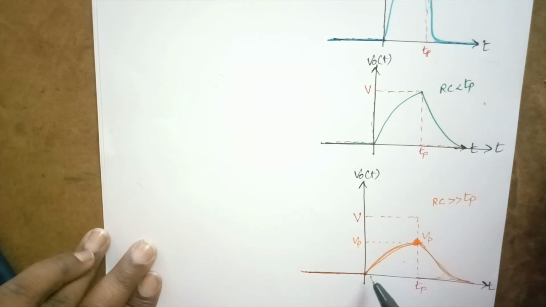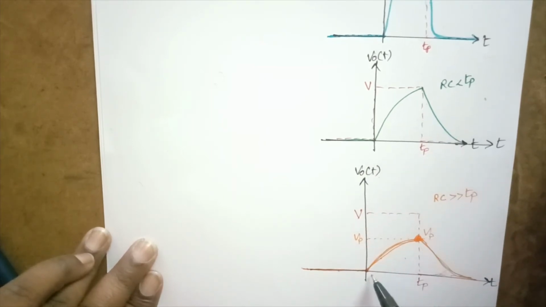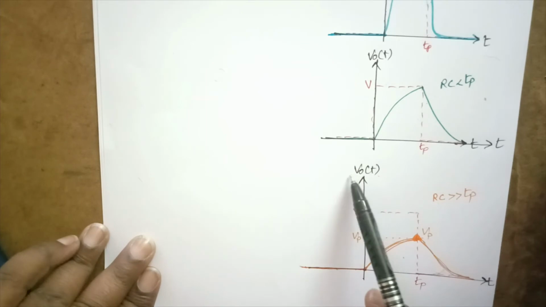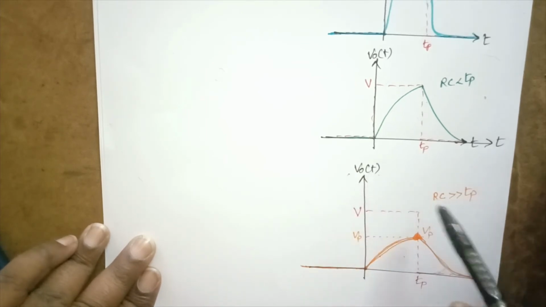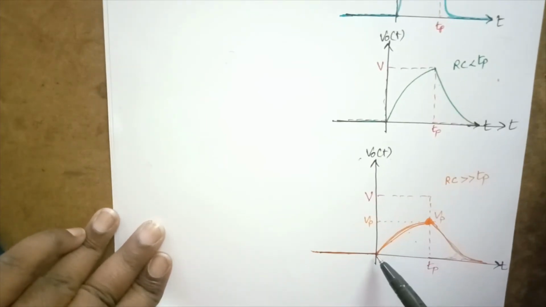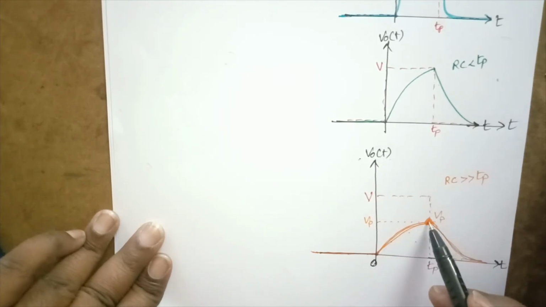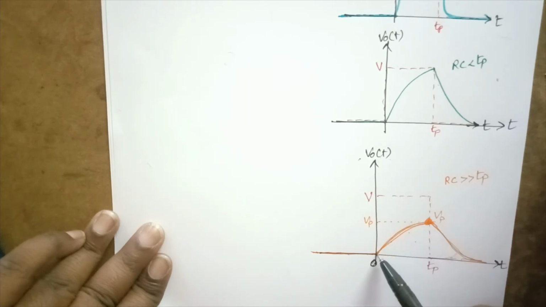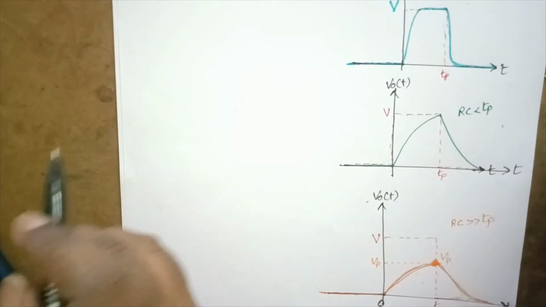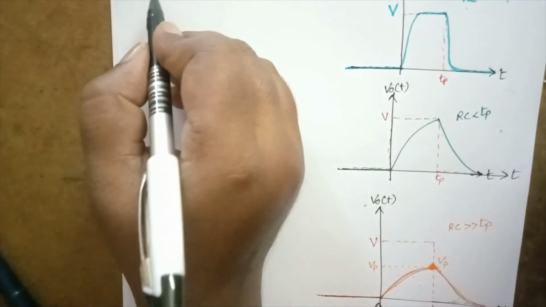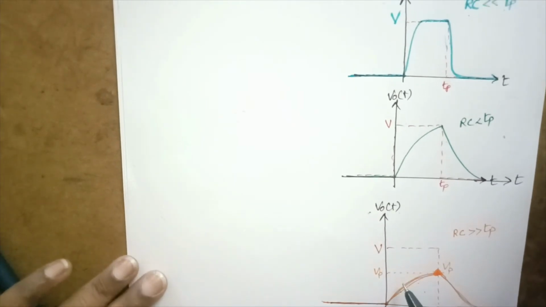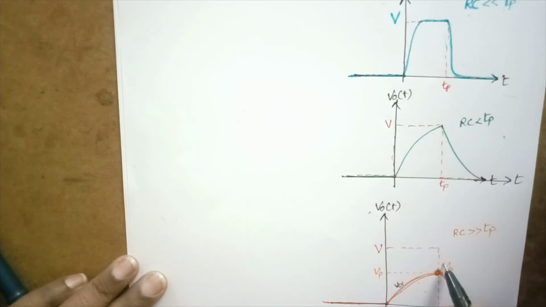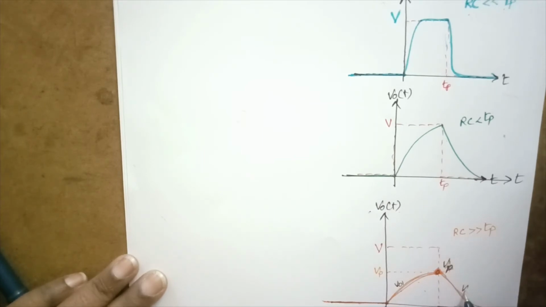Now from the output waveforms, I find the mathematical equation for V naught. Observe this figure. From 0 to Vp, the waveform increases exponentially. I take this value as V naught 1, this one as Vp, and this one as V naught 2.